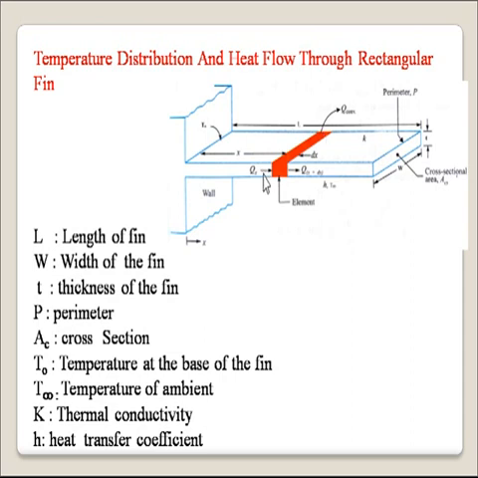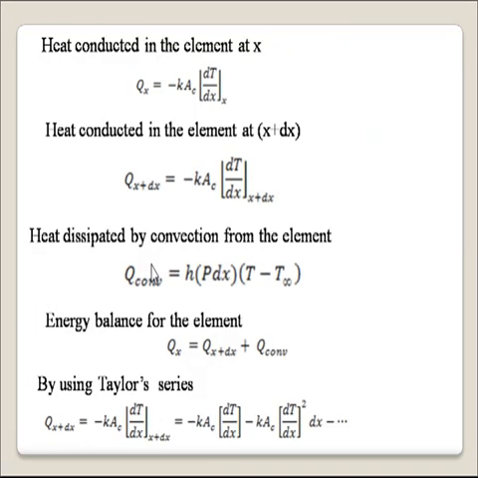Now we will first see the heat conducted in the element, Qx, which is given by Fourier's law, and it is minus Kac dt by dx at x. Heat conducted out of the element at x plus dx is Qx plus dx equal to minus Kac dt by dx at x plus dx.